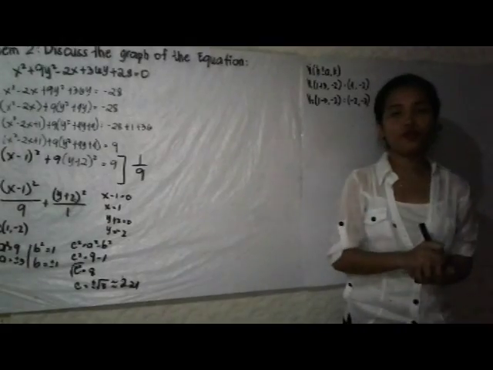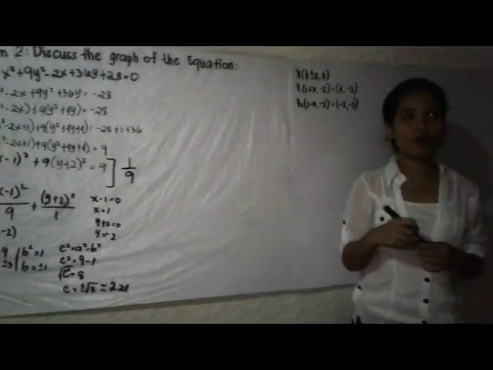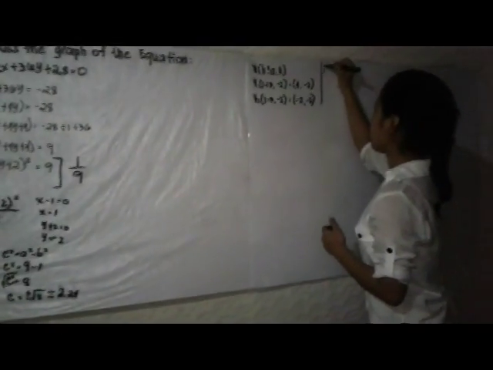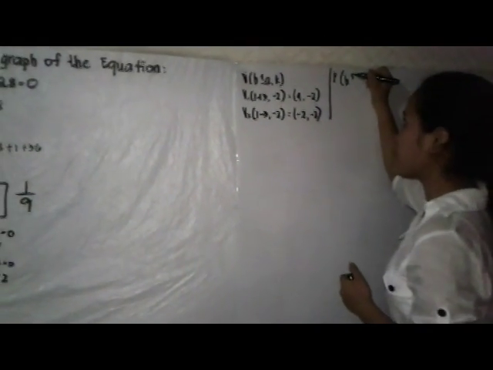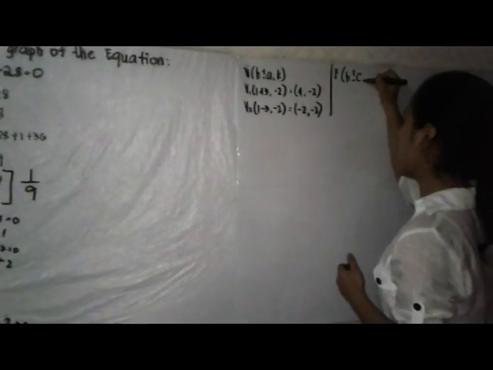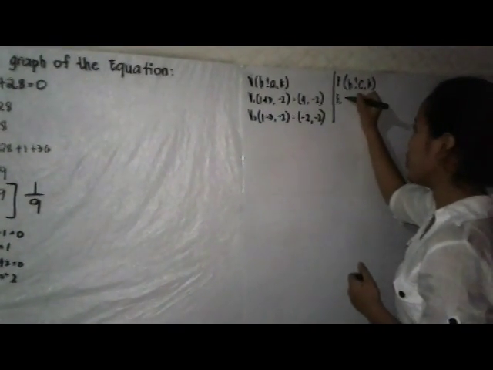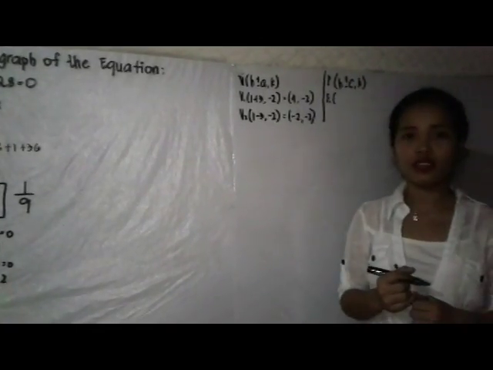Then let us proceed to find the value of our foci. In finding the value of our foci, let's consider this: h plus and minus c, k. So our focus 1, substituting, we have h plus c, k.